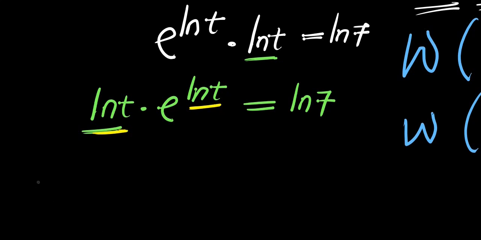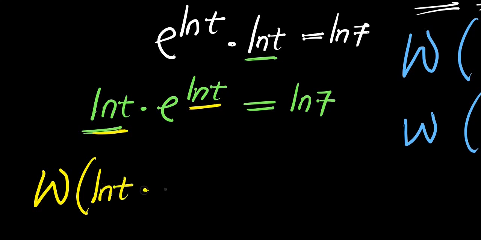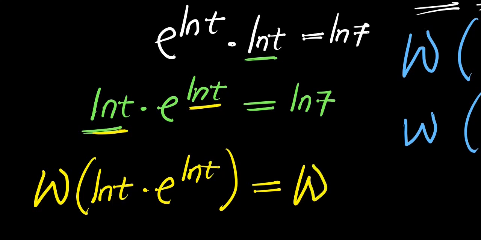So we have the Lambert W function of ln of t times e power ln of t, and this equals the Lambert W function of ln of 7.